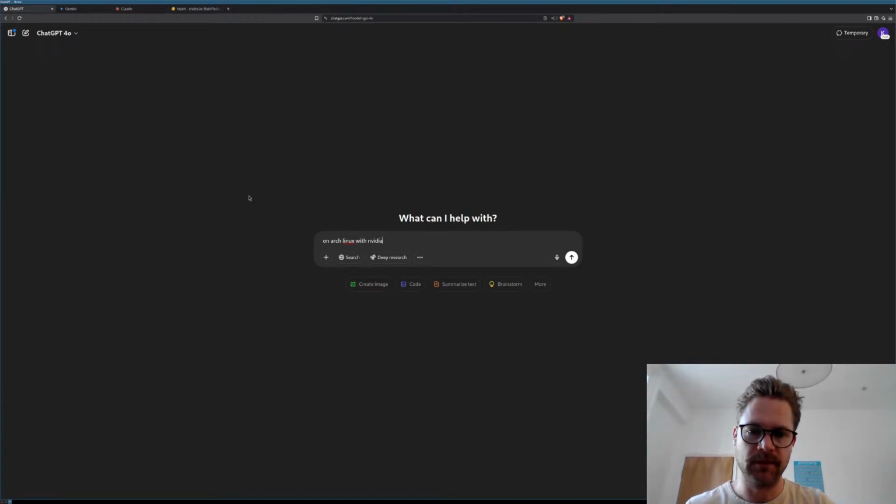Linux with NVIDIA. Just to give some context: Asus laptop, I'm having a secondary screen with HDMI.